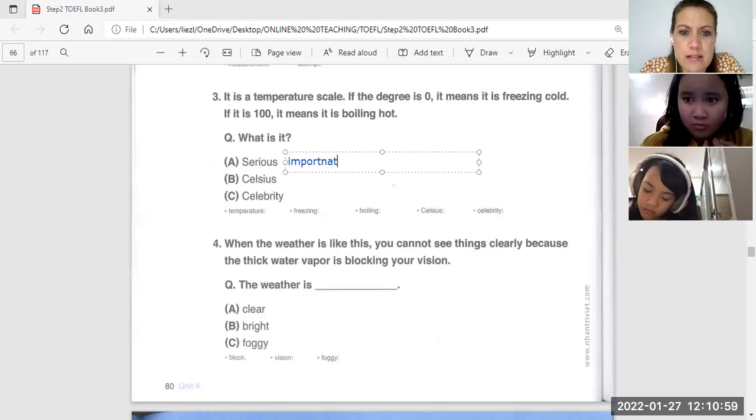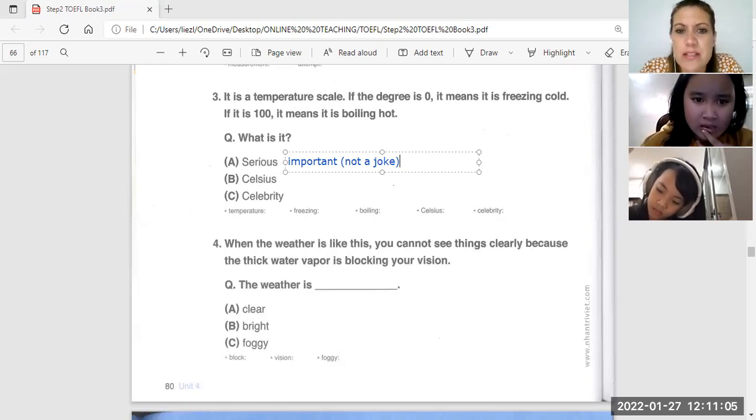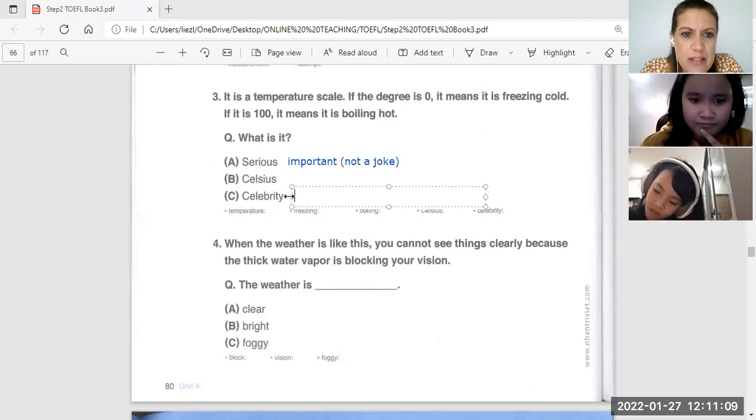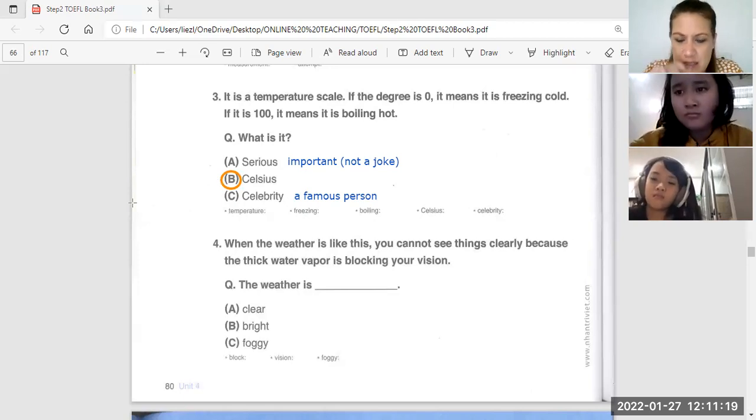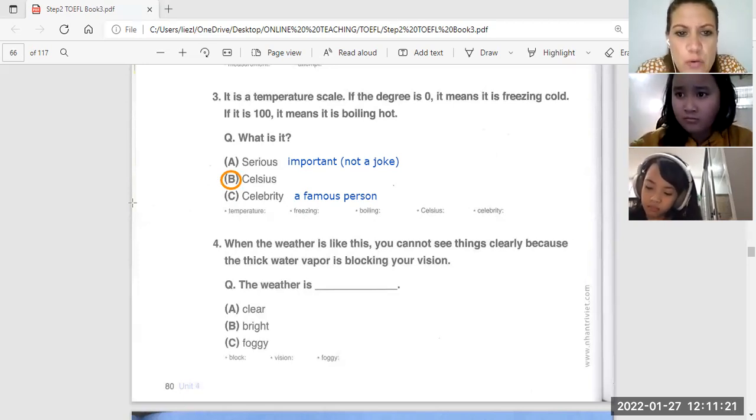It's important, not a joke. You don't laugh at it. It's very important. It's serious. Celebrity is a famous person. Everybody knows them. Celsius is a temperature scale that we use to say how hot or cold it is.